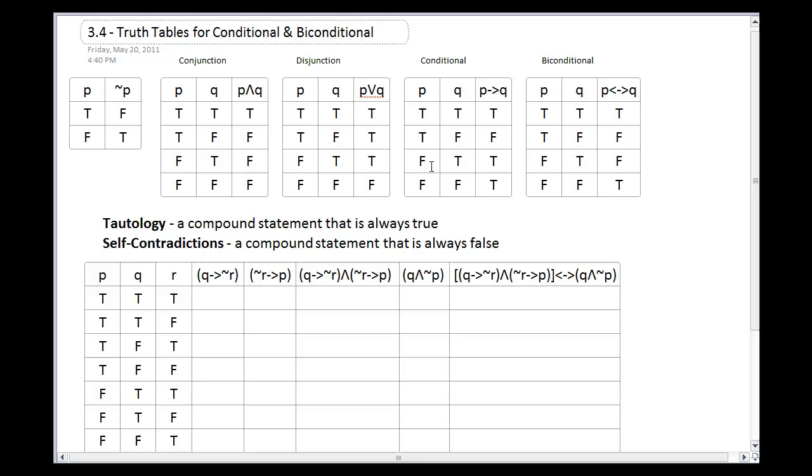If I tell you that if you earn a 90% or higher in the class, then you get an A in the class, and suppose you don't earn a 90% or higher, but you still get an A. This is the case where you get an 89.49.